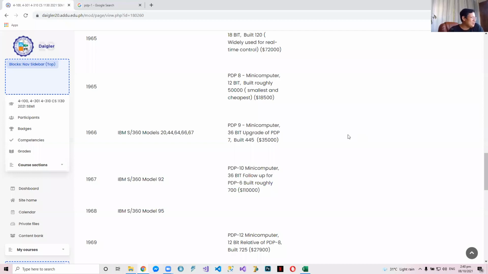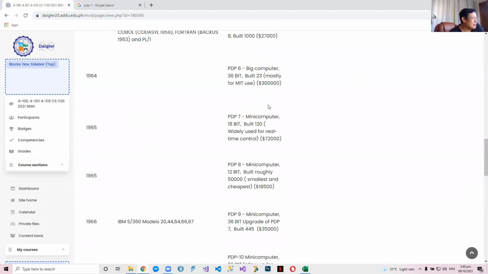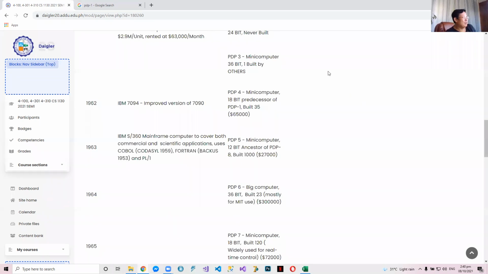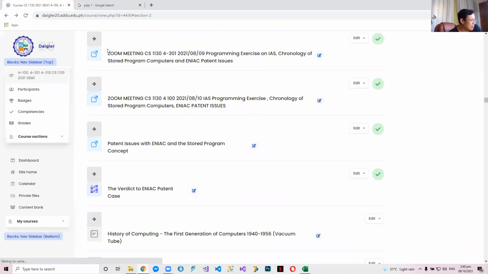Now, the major aspect is, how were they able to manufacture such computers without paying any royalties? What's the story about this? It's because John von Neumann did not get a patent. He did not register a patent. Why did he not register a patent?